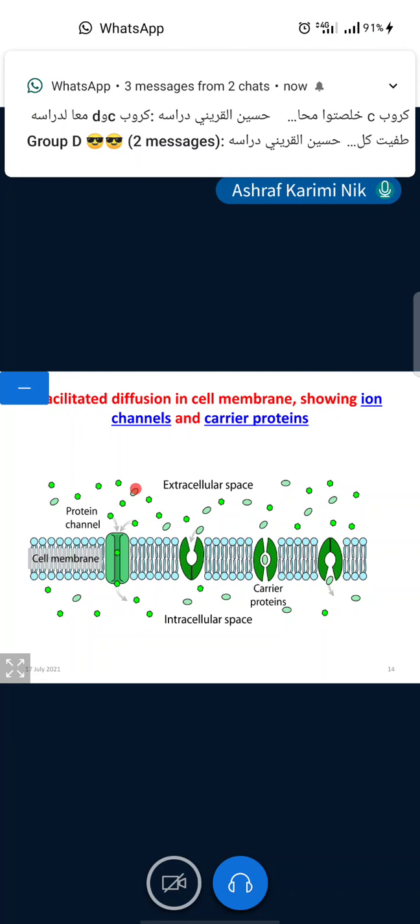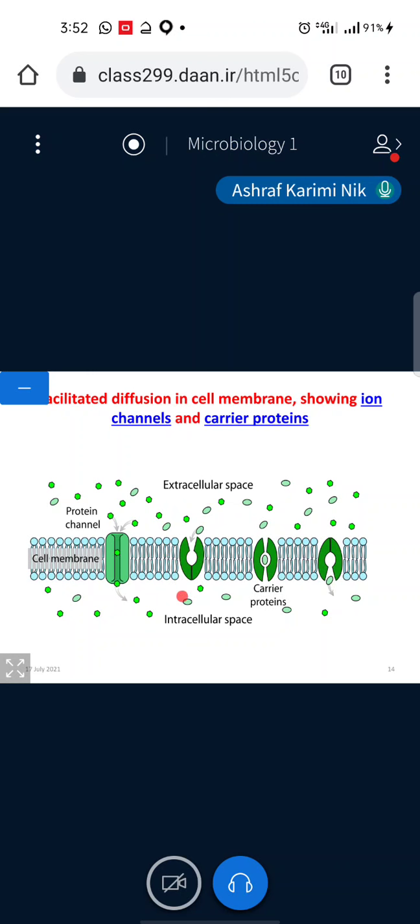Some materials from the extracellular space come to the intracellular space. We have carrier proteins in facilitated diffusion. Ion channels for ions and for some materials.